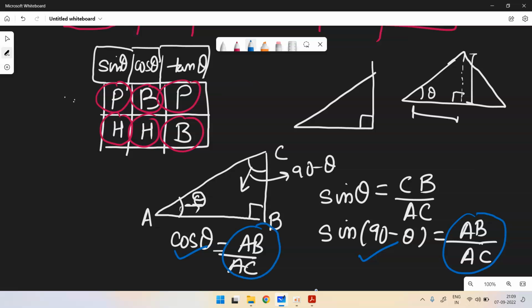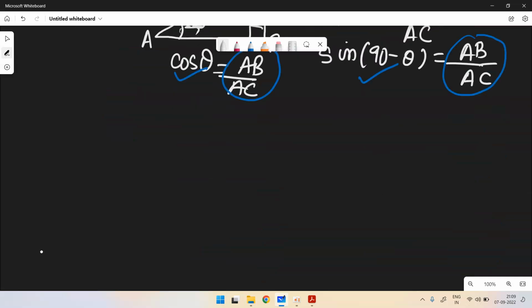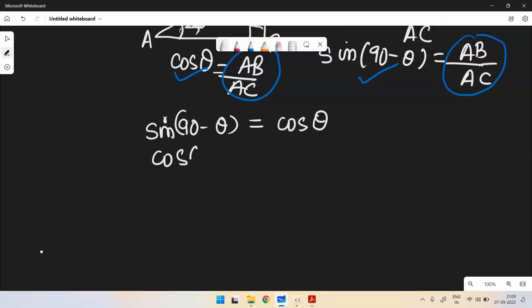Now, taking this as reference, I will write some different formulas. Sine 90 minus theta is cos theta. And the same thing, cos 90 minus theta will give sine theta.